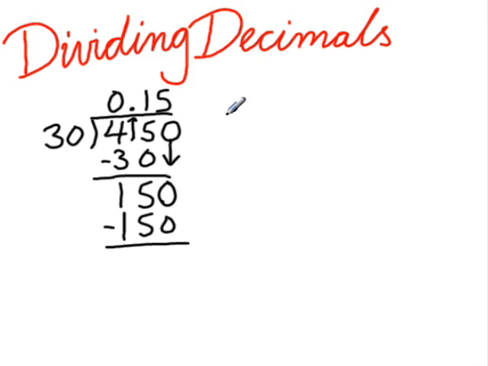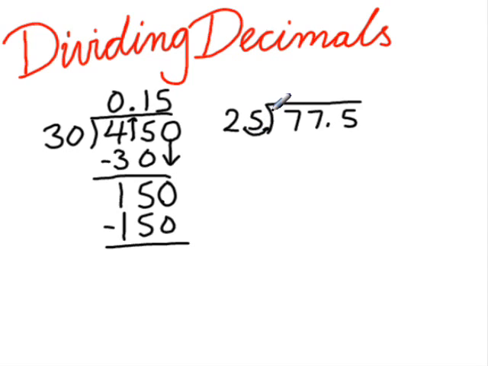Now, if we have a number, the divisor, which has a decimal in it, we will have to do one more thing. We can't just bring the decimal point straight up. What we do is multiply this by 10 or 100 or whatever it takes to turn it into a whole number.